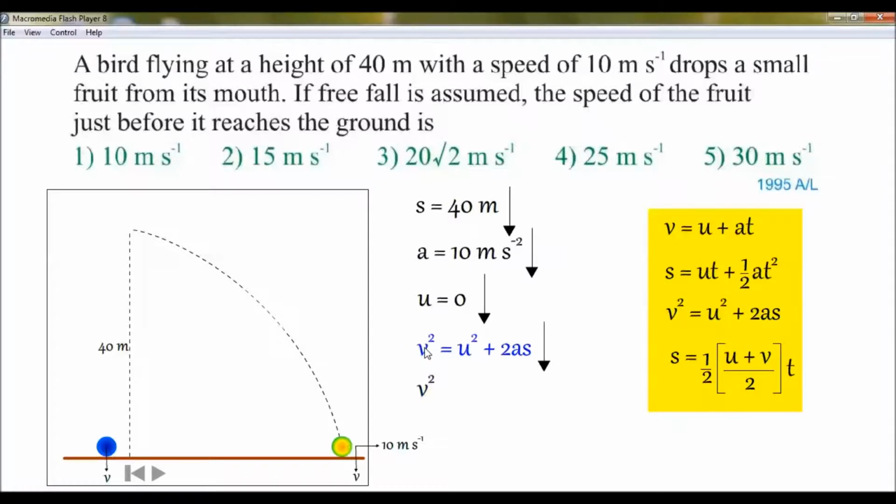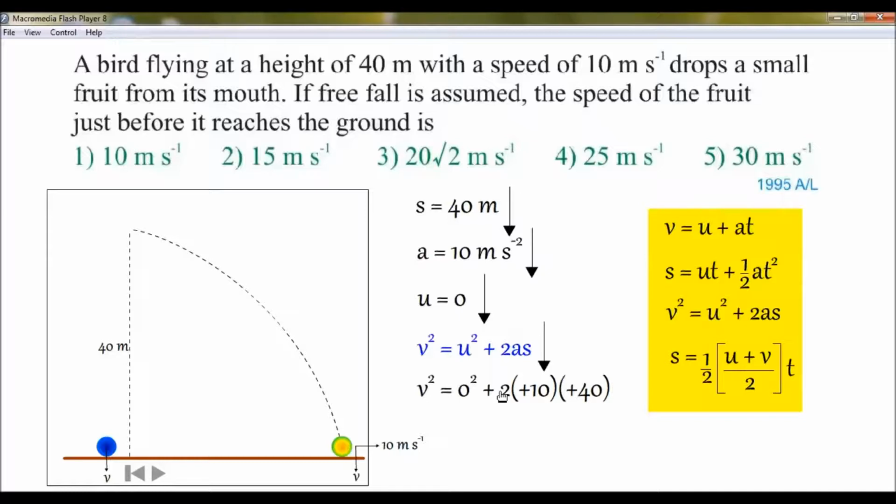Then let's substitute these values into the equation. v squared equals u, which is 0 squared, plus 2 times acceleration, which is 10. When we substitute these values, we have to consider direction. The direction of motion is downwards and the acceleration is also downwards, so we can put plus 10 here. The displacement is also downwards, so we put plus 40 meters.